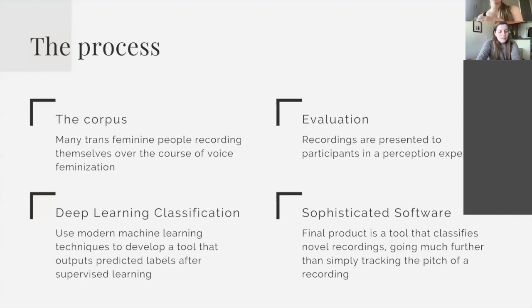Then you could train some sort of machine learning, artificial intelligence, to output predicted values for recordings the network hasn't seen before. This could be a really useful tool because it's incorporating the raw audio, not formant measurements, not pitch information, just the entire audio in its gestalt kind of sense.